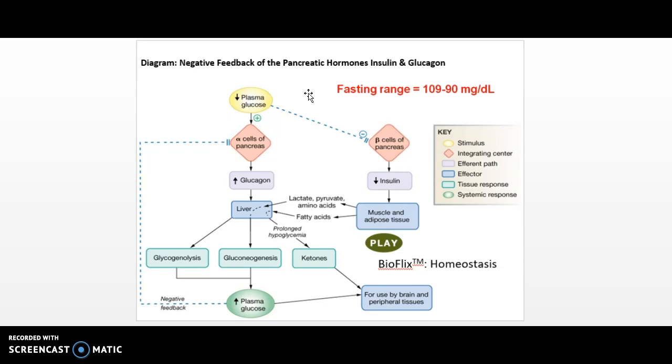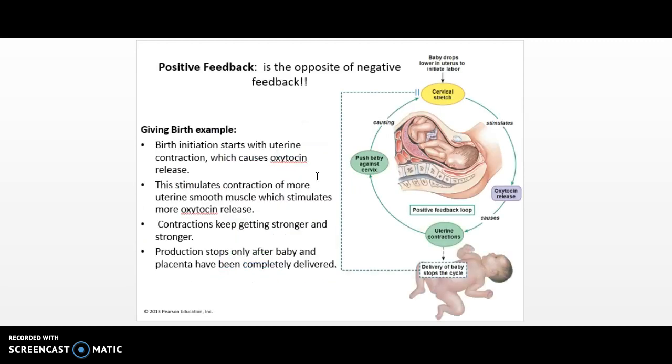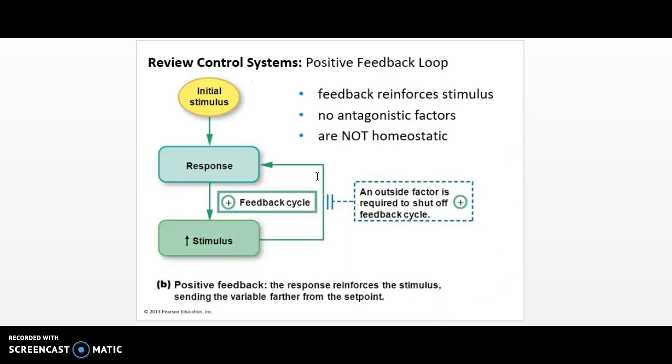Basically, it's a negative feedback process where plasma glucose tells the cells of the pancreas to secrete or not secrete certain things, and that is how our insulin and glucagon are regulated, by negative feedback to maintain homeostasis. We'll get into this in a little more detail as we study organisms. Positive feedback, again, examples are oxytocin release during birth to keep the contractions coming so the baby can be delivered.